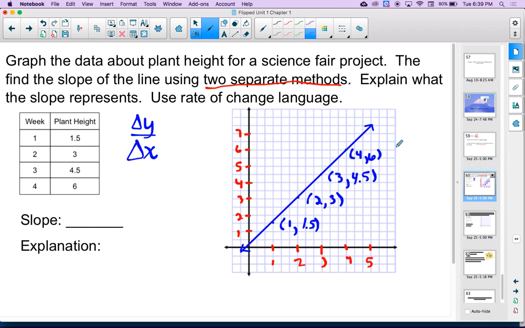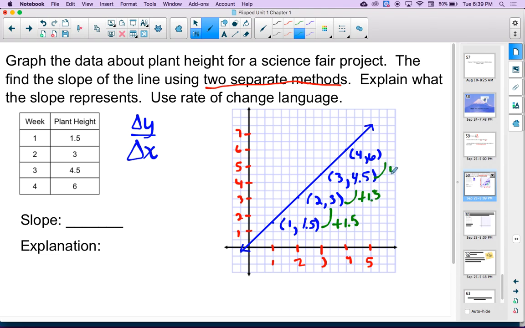So if we want to find the change in y over the change in x, we can do it from the graph first by focusing on our y values. So if we look here, we can see that our y's are going up plus 1 5/10. Same thing happens here, plus 1 5/10.